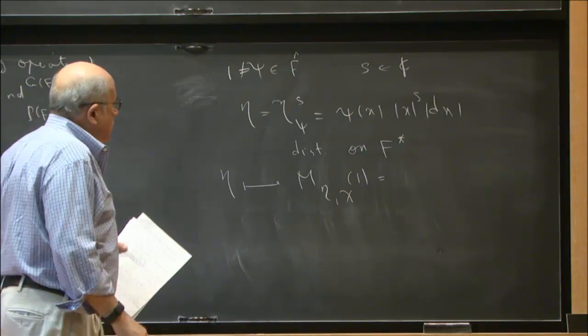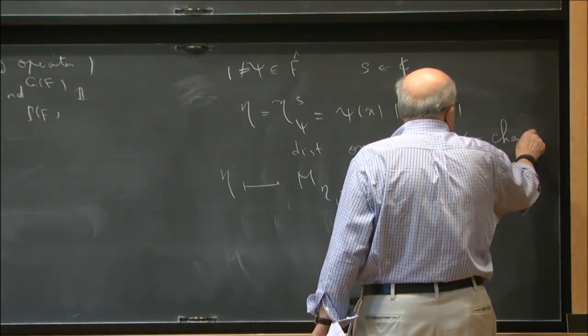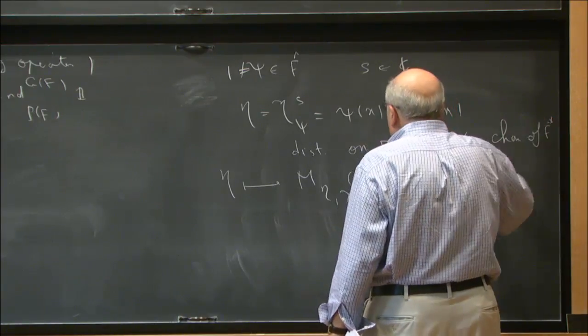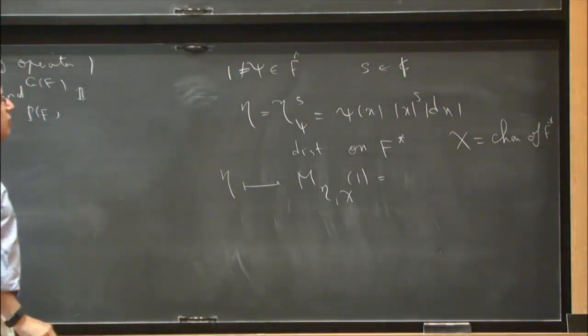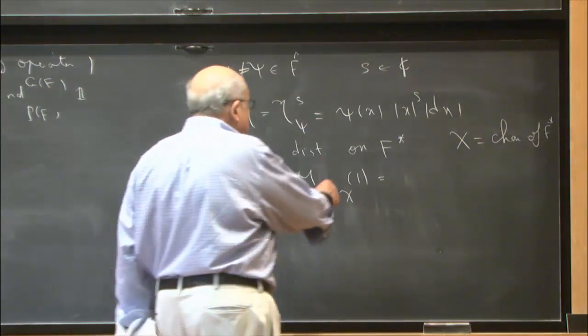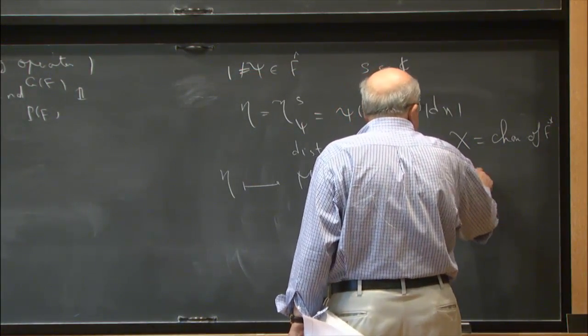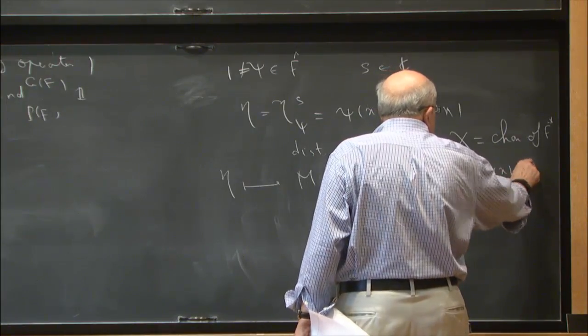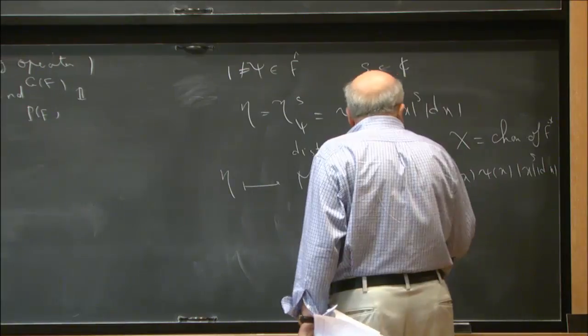Okay, so χ is a character of F*. And you can clearly see that when they do this, all they are really looking at are Gauss sums, the Gauss sum attached to χ. So basically, this thing is really nothing but the integral of χ(x) ψ(x) |x|^s d^*x over F*.